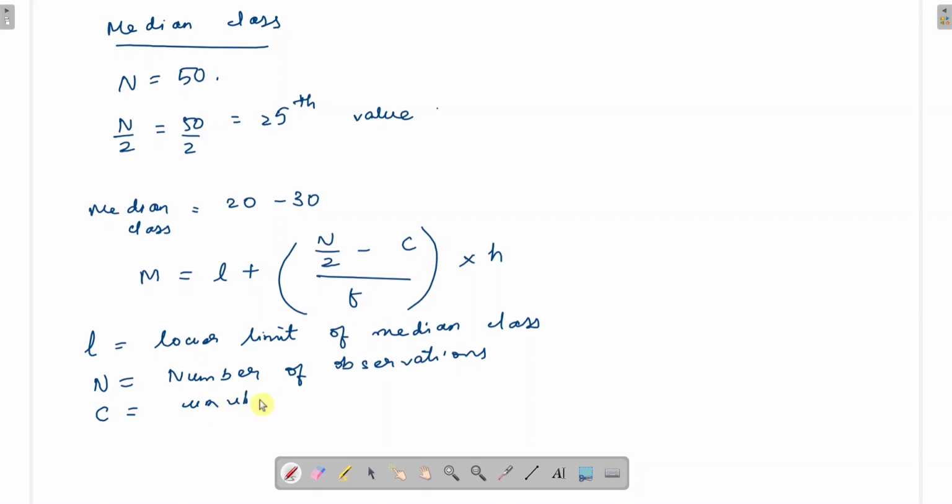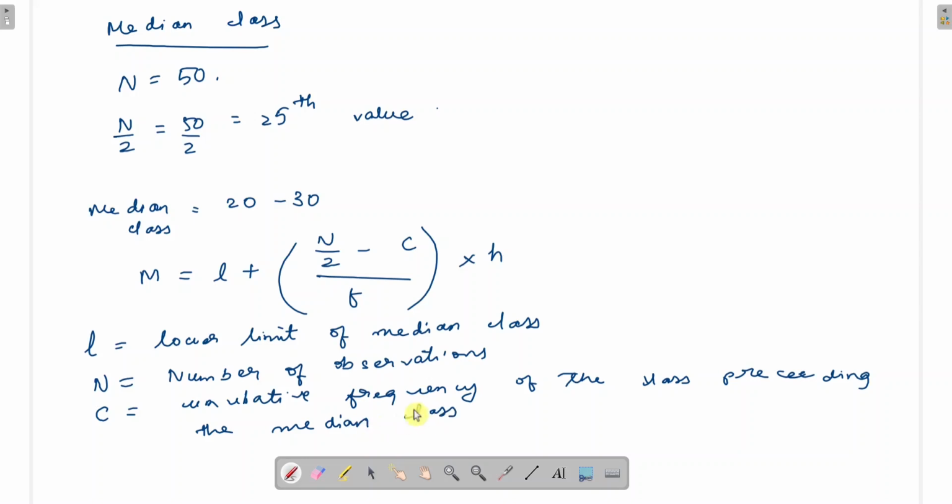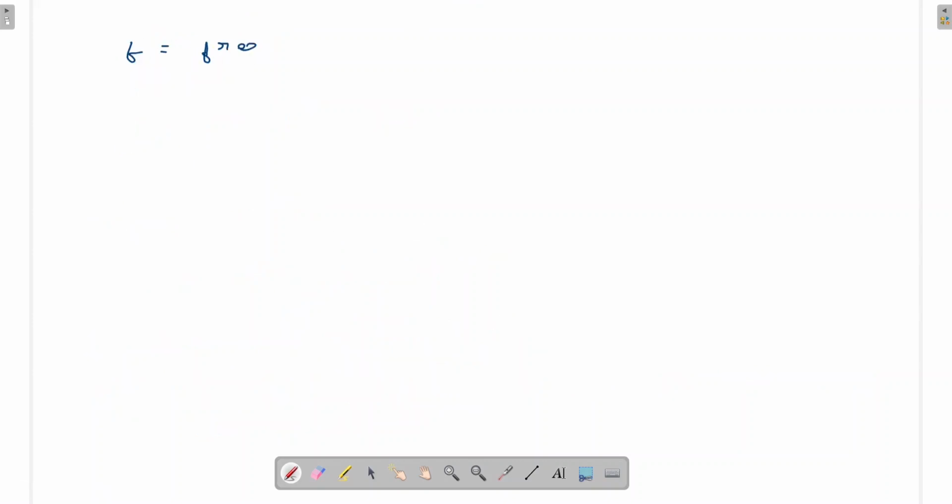F is the frequency of the median class. H is the class width.